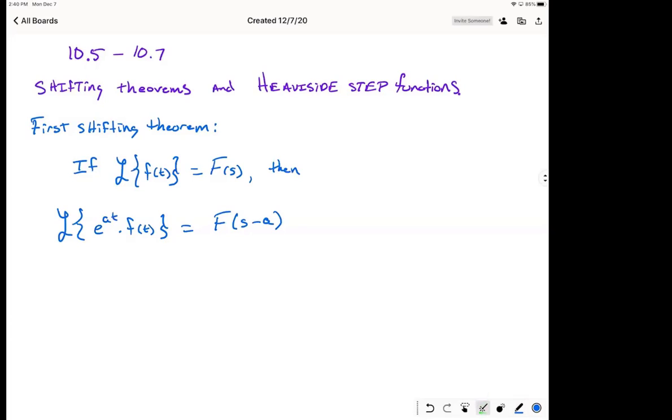And it's important to remember here that the a's are the same. So the e to the at equals F of s minus whatever that a is.